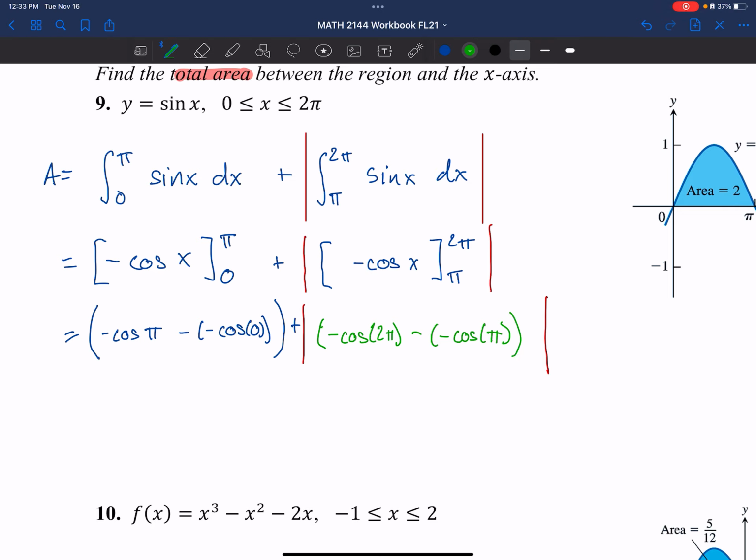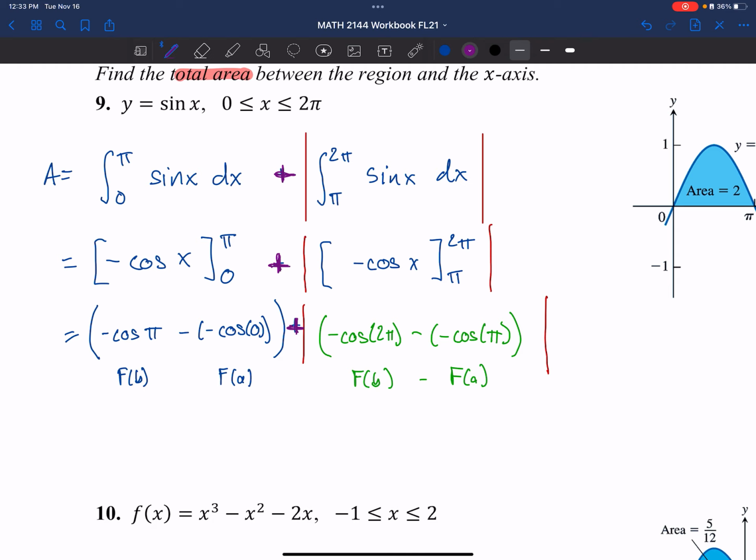Let's specify what everything is. This is f of b minus f of a for the first integral, and this is f of b minus f of a for the second integral, and then this addition just comes down like so.